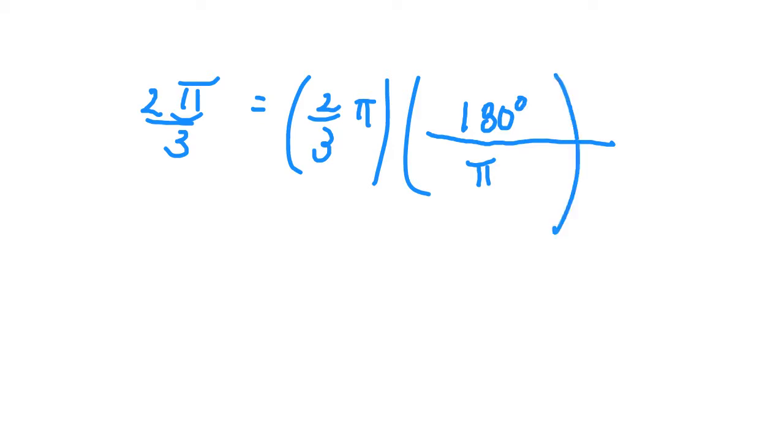Alexander and Norina, so the pi's simplify out, and we're left with 2 times 180. We can do a little more than that, right? 3 goes into 180 60 times, so this is going to give us 120 degrees.